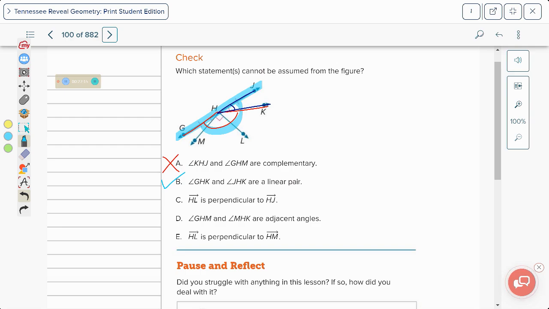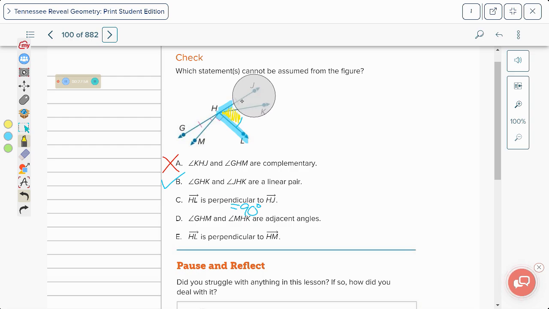Okay. Our next statement says ray HL is perpendicular to HJ. So can that be assumed? Again, if we have perpendicular lines, they should equal 90 degrees at their intersection. So a suggestion I would do, I would go from one line to the other, make that connection, and look at their intersection right here.